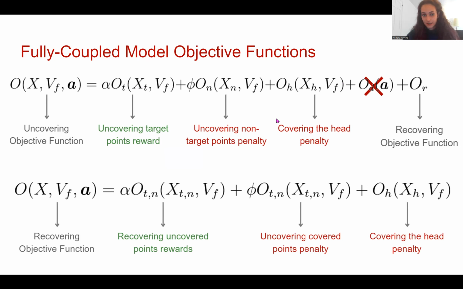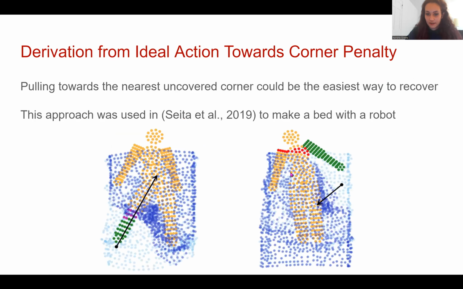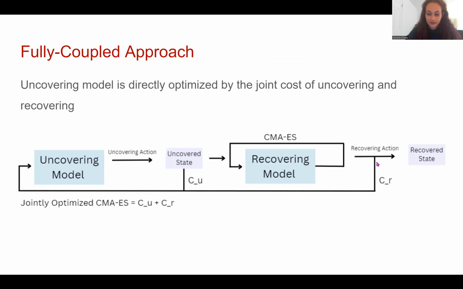So the idea is that we are not telling the model what produces the best reversible state. We want the model to figure out how to produce reversible states by being optimized directly by how the recovering model does. So again, it's fed back in.